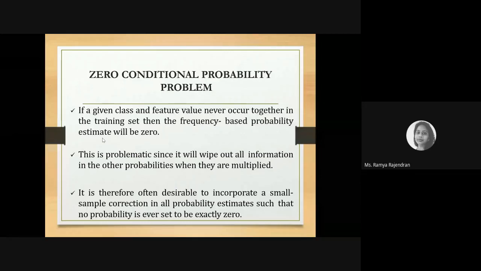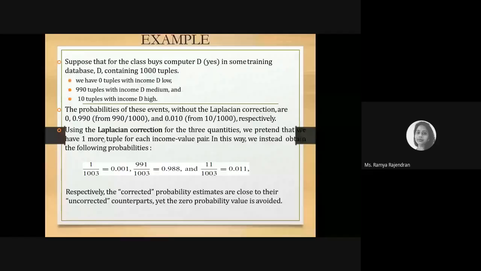Maybe I'll give you an explanation with an example. For example, we have a person buying a computer, and you have 1,000 tuples for that. We have income as a category. We have zero tuples when the income is low.